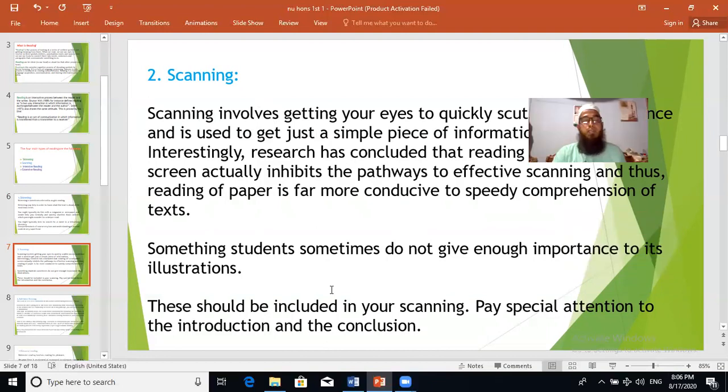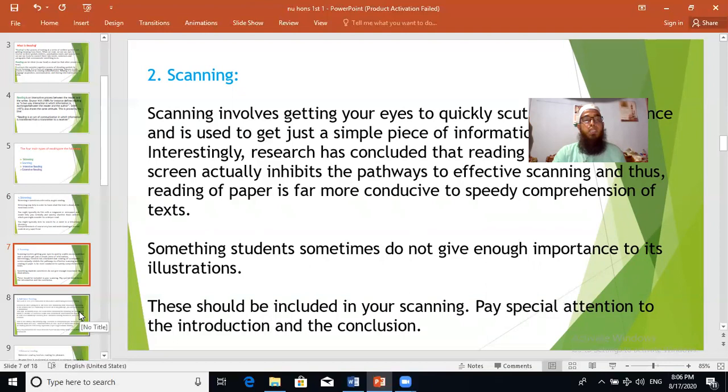During scanning, students sometimes do not give enough importance to illustrations, but these should be included in your scanning. Pay special attention to the introduction and conclusion. When you are reading a passage for comprehension, you must pay special attention to the introduction and the conclusion.